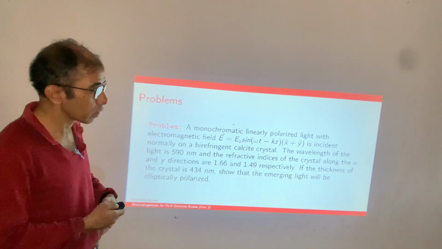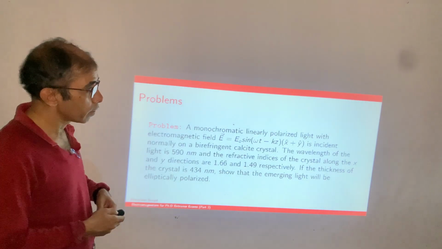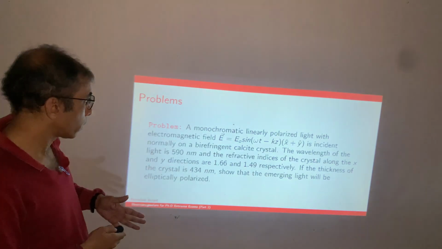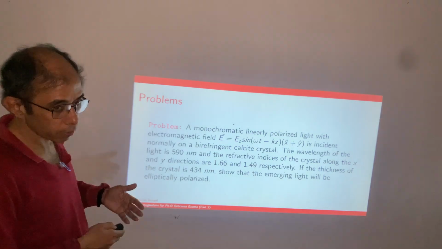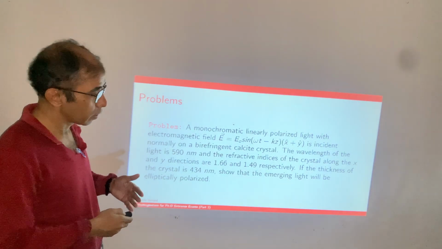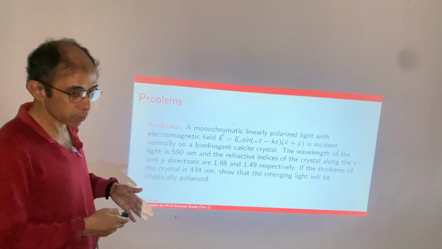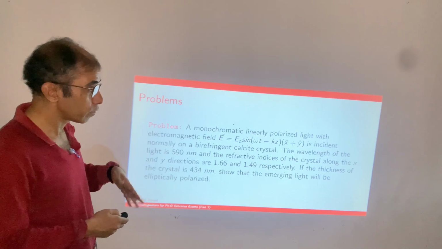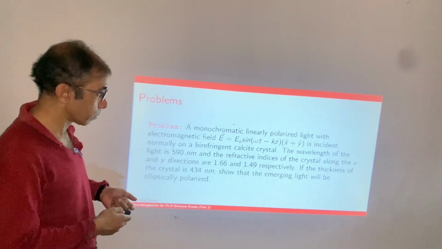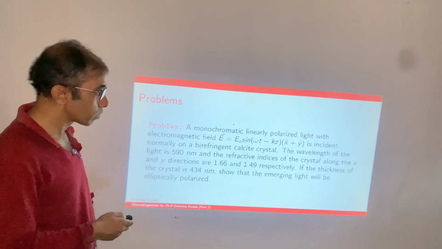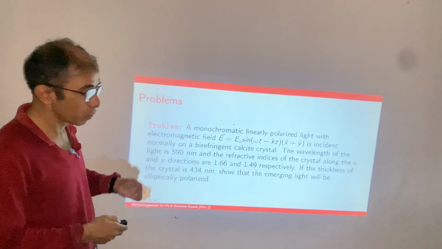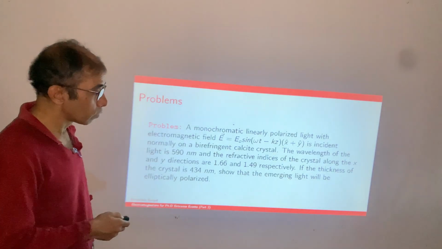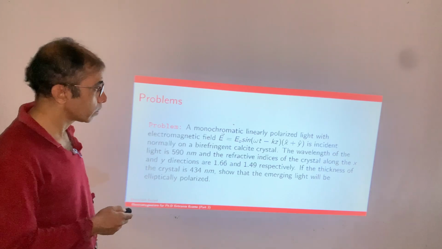Once it is incident on the calcite crystal, if the ordinary ray is along the y direction, the extraordinary ray will be along the x direction, and they will travel along the crystal normally, but with different velocity. And so there will be a phase difference between them when they come out. So what is the nature of the emerging light?